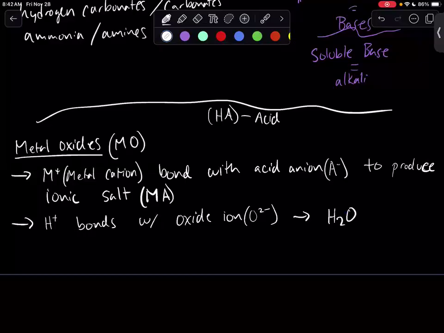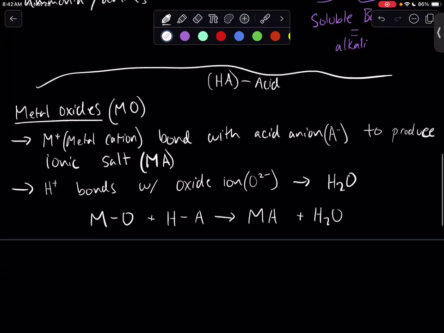So we're going to produce an ionic salt and water. We can look at the general formula as our M bonded to our O plus our H bonded to our A reacts to produce MA plus H2O.